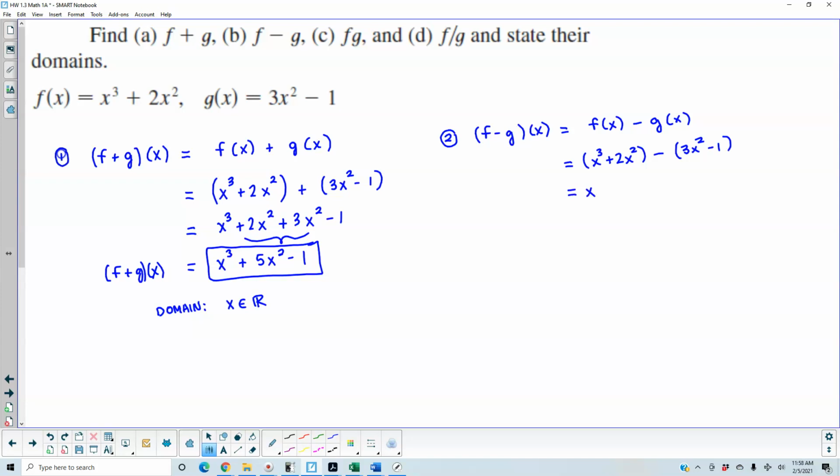So distributing that negative sign, we end up with minus 3x squared and then plus 1. So now when we combine like terms, we get x cubed minus x squared plus 1. Again, that's when we subtract these two functions.